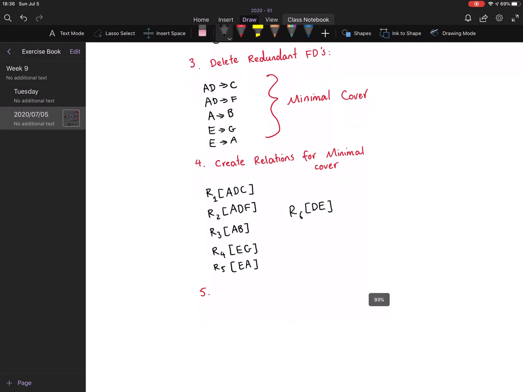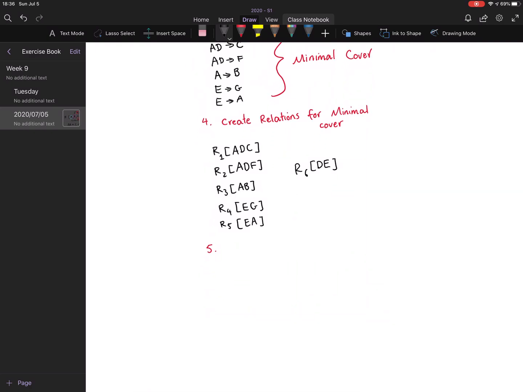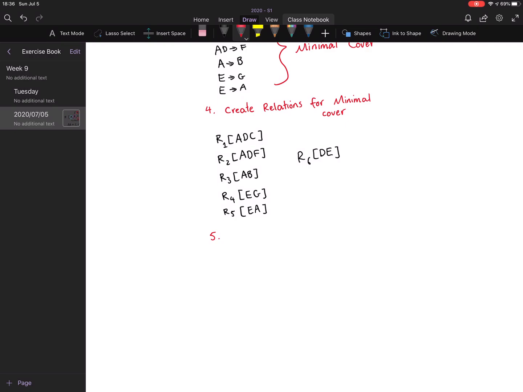Okay, now step 6. Step 6 is to combine the right-hand sides for all relations where the left-hand sides are the same. Okay, this is pretty simple. Okay, so we have R1. We're going to have R1 ADC and F, like so.